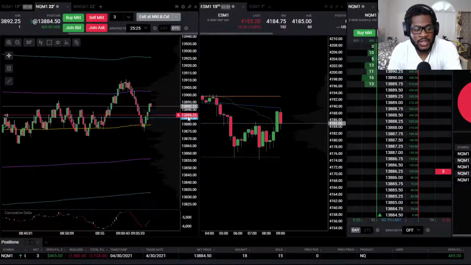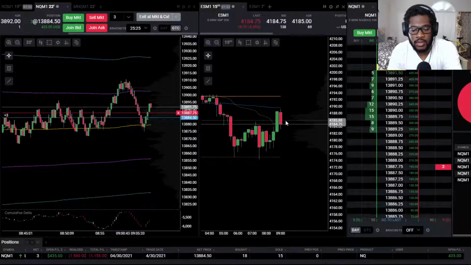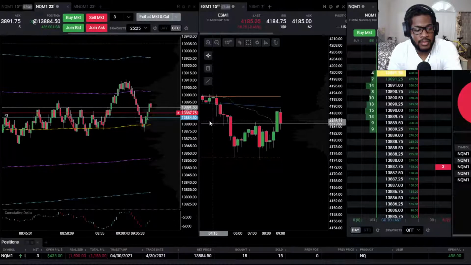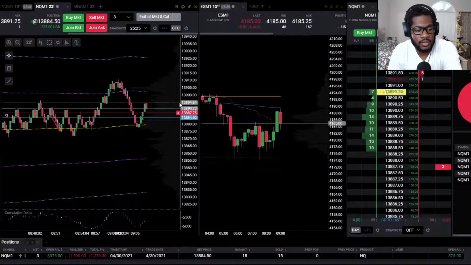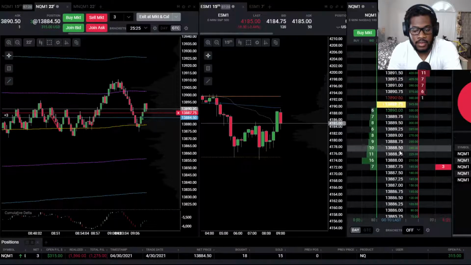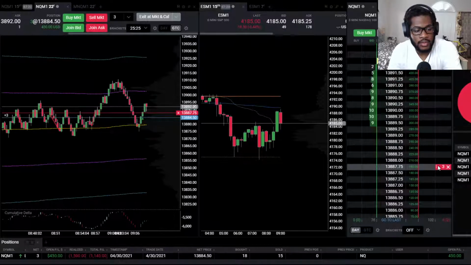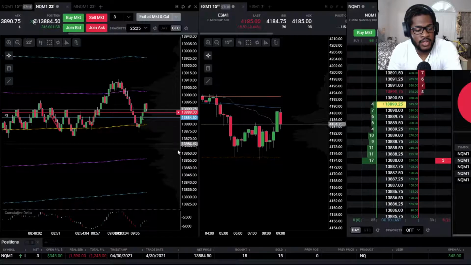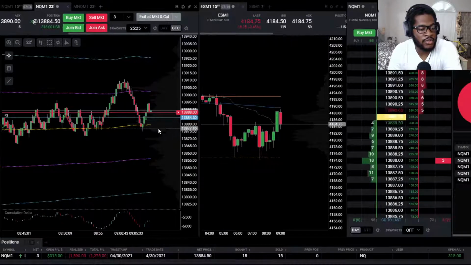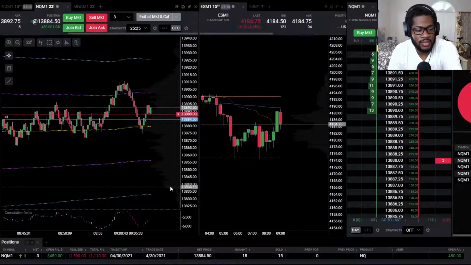This one looks like it wants to actually go though, so we'll see. If that reverses this bar, this will be a little unfortunate because it does look like it has potential to push up from here. But again, we'll see.